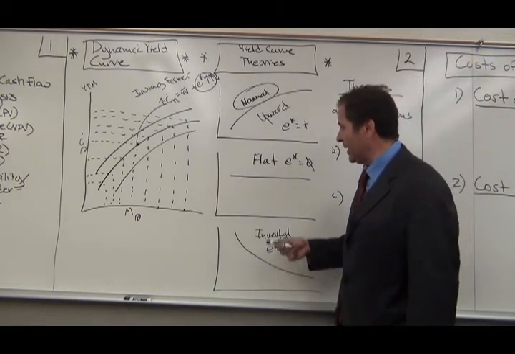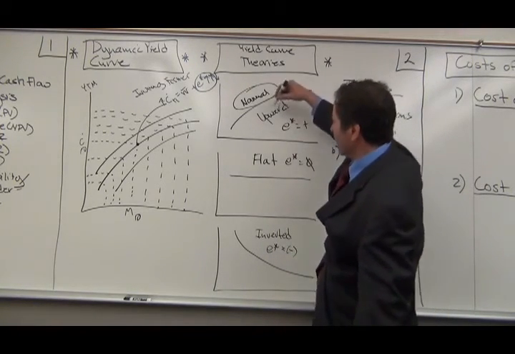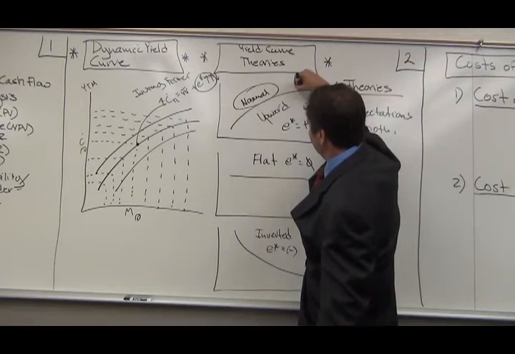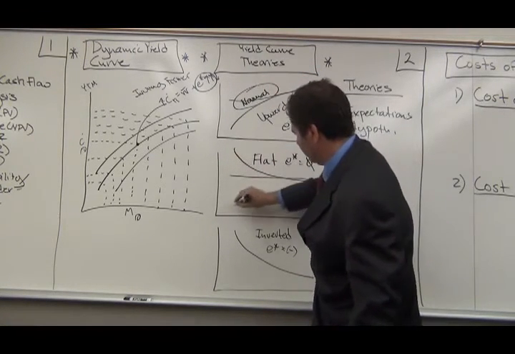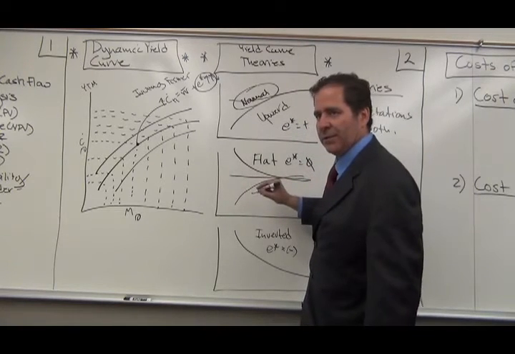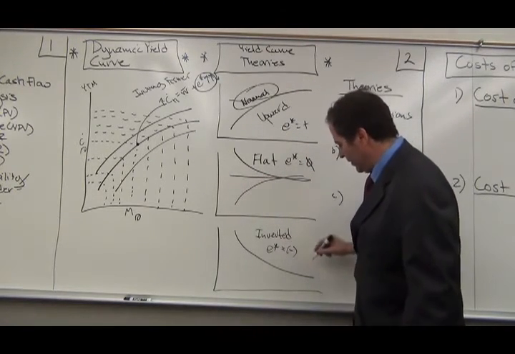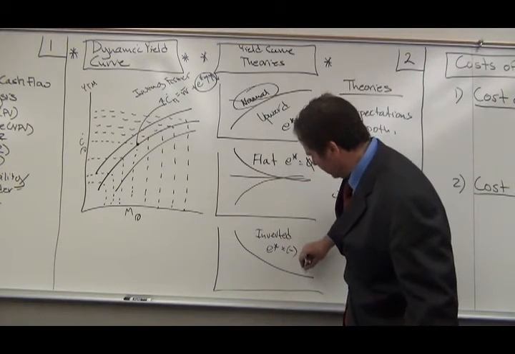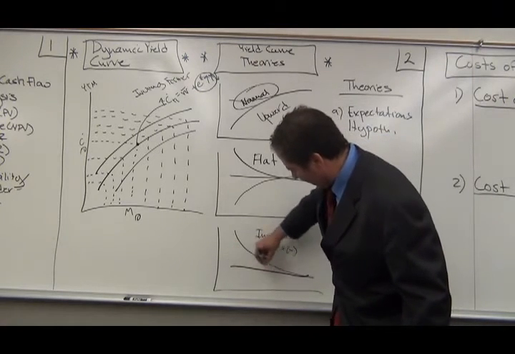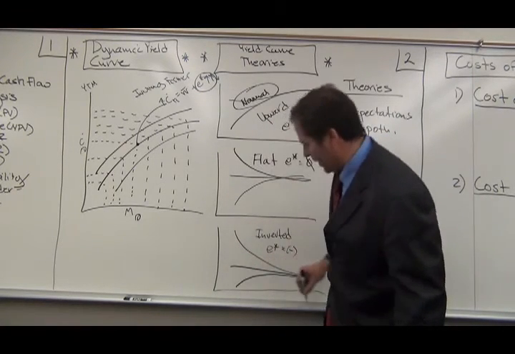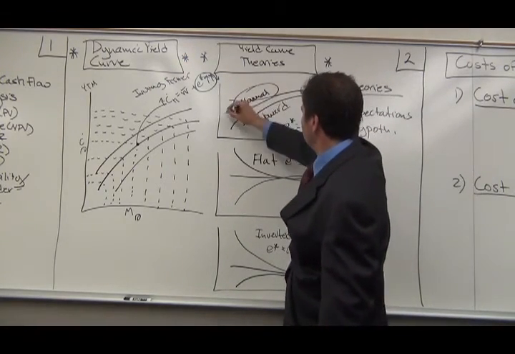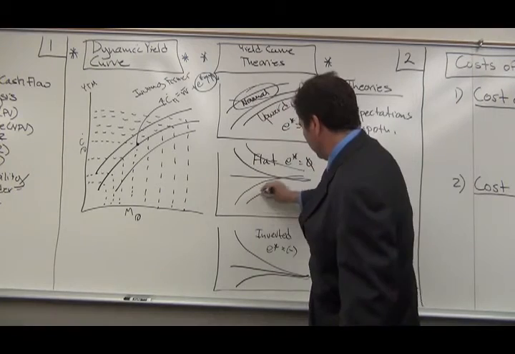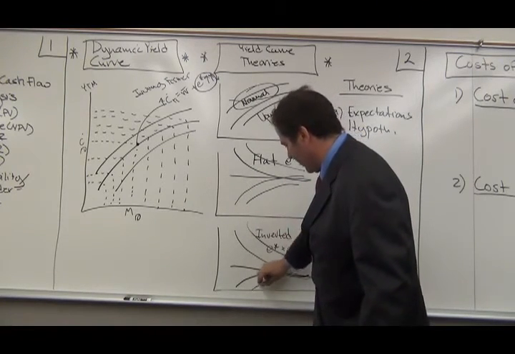What's interesting is that the yield curves can go from normal to flat in both directions. They can invert, they can go flat, and go back to normal. So it's very fluid, what the yield curves can do over time.